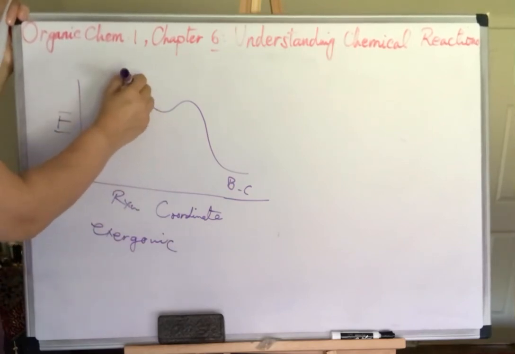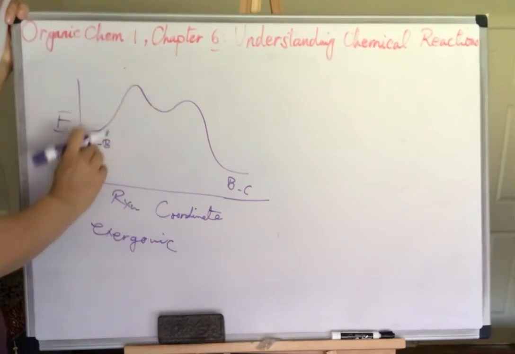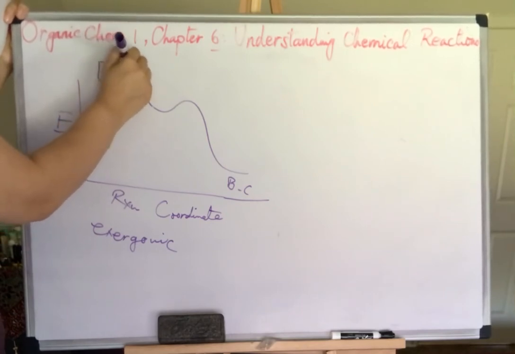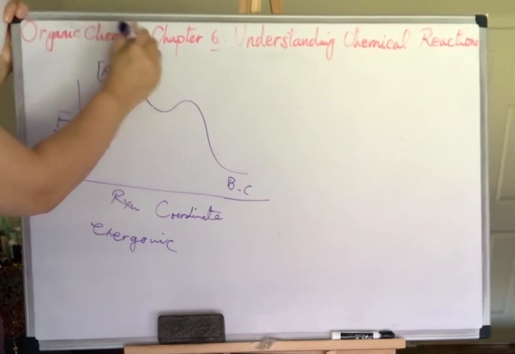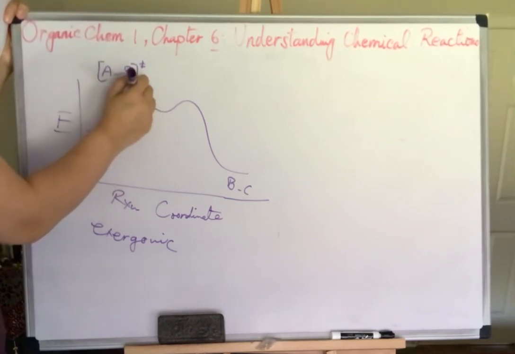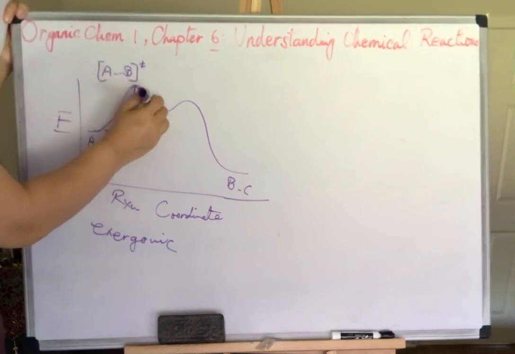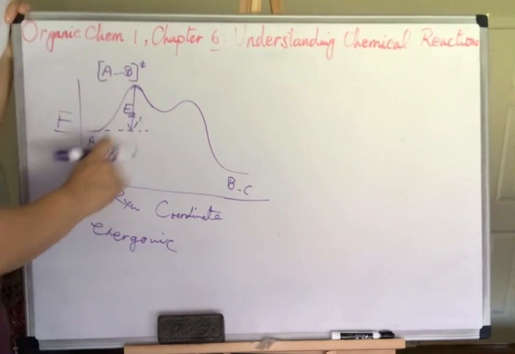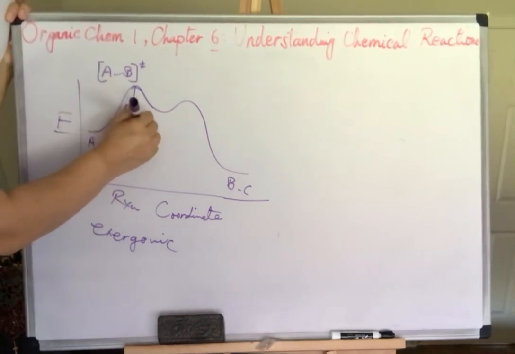And so the first transition state, the bond between A and B partially breaks. So this is the first transition state. And the distance between the reactant and this transition state is the activation energy for the first step. We call it activation energy 1.